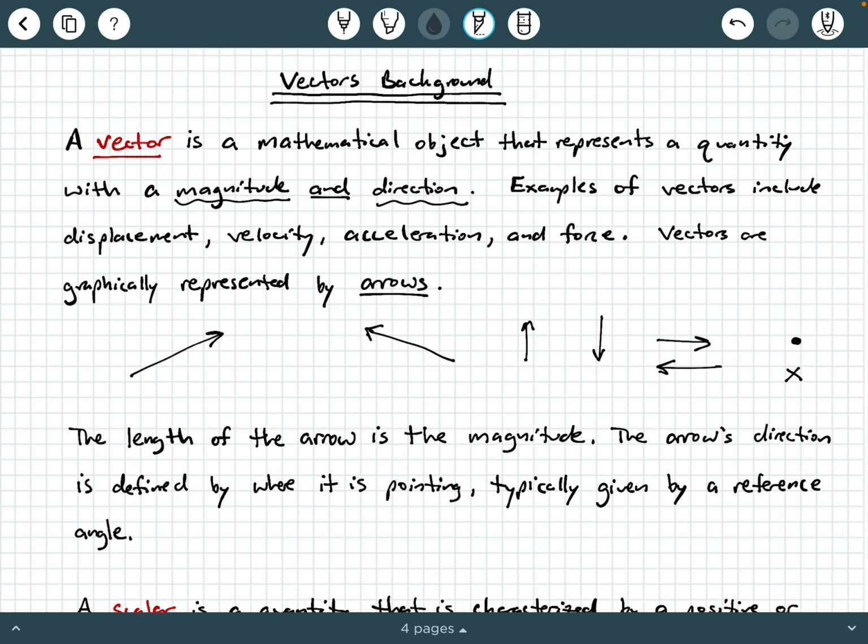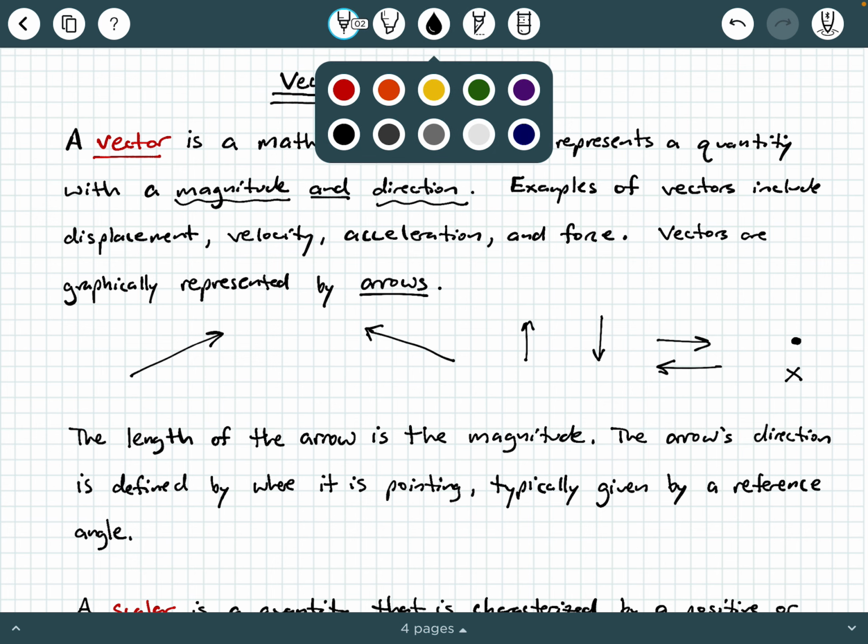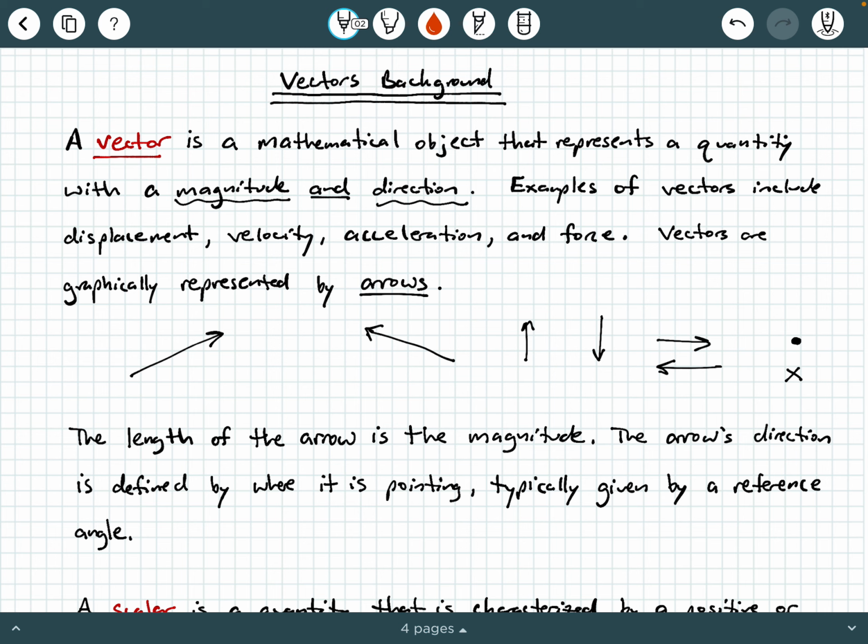Now, when you draw a vector, these vectors, again represented by arrows, really have two important pieces to them. You have the head of the vector, which is the arrowhead there, and then you have the tail of the vector, which is the part that is opposite of the head.